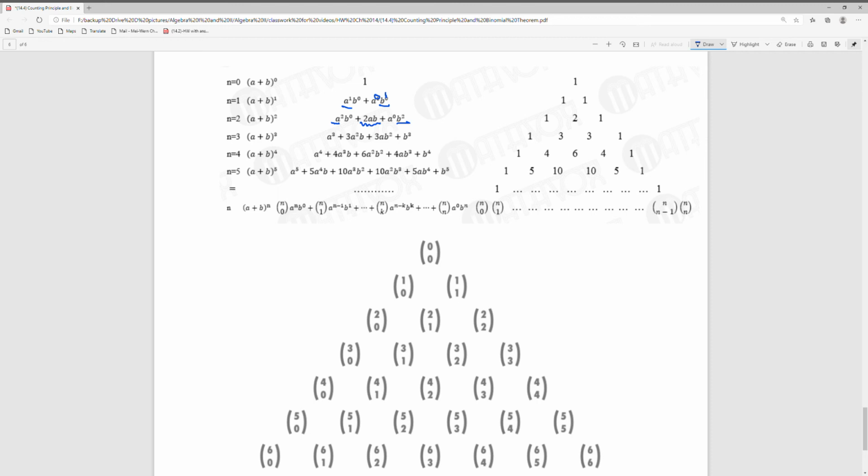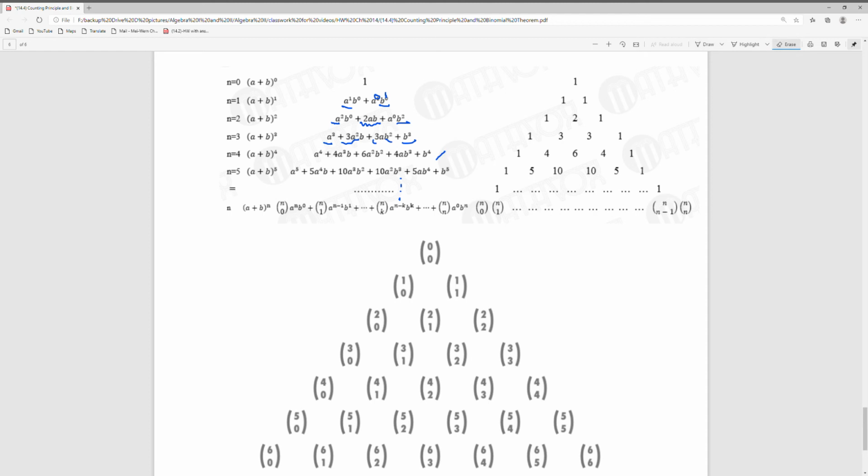And I think I gave the class the cube, the third degree formula: a cube, b cube, and then 3a squared b, 3a b squared. Now, for the fourth degree, someone calculated it for us. Mathematicians already have a formula for us.